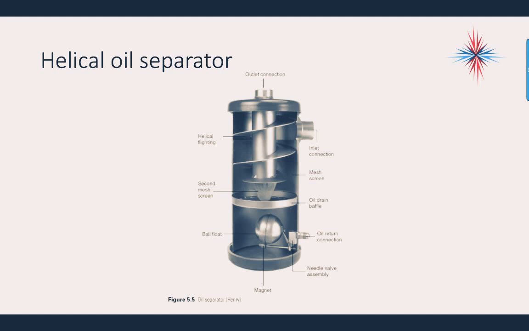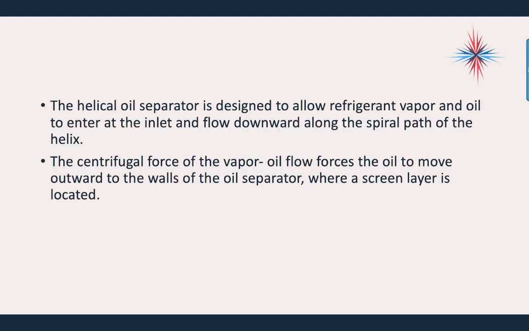There's a secondary mesh screen also that's designed to help additional oil come out of the refrigerant. You have your standard ball float at the bottom, and when that float goes up to the top, it will actually allow the oil to come back through the oil return connection back to either the compressor crankcase or the suction line of the system.